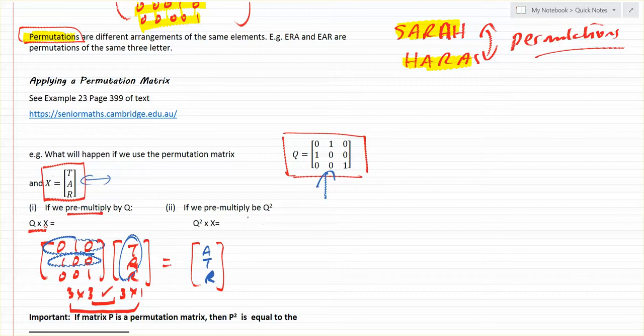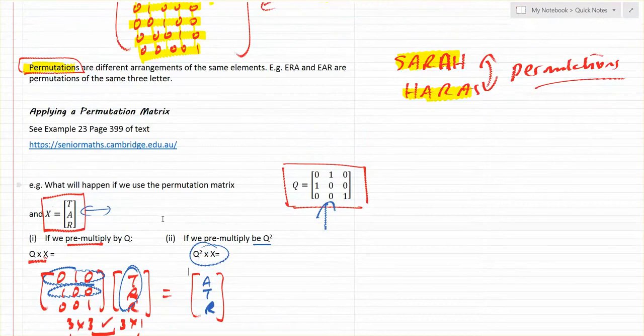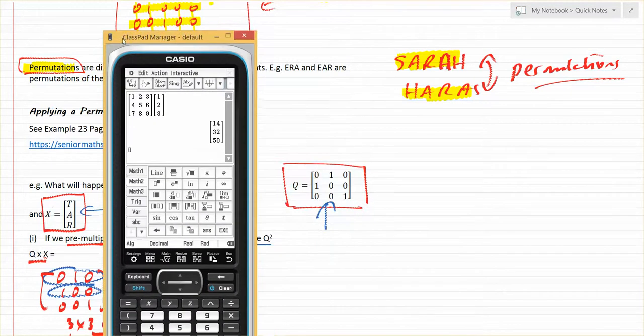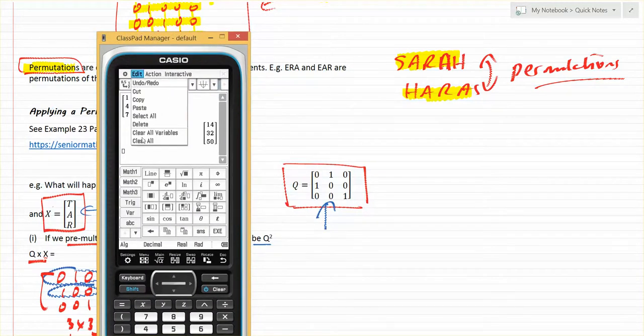So if we pre-multiply by Q squared, what would happen? Well, the interesting thing is, if you multiply a permutation matrix by itself, let's do it on a calculator. I don't want to do a 3 by 3 by hand.